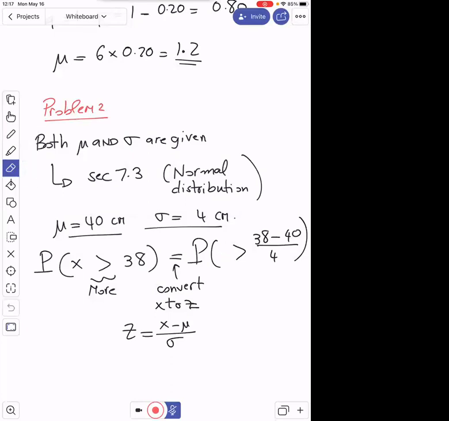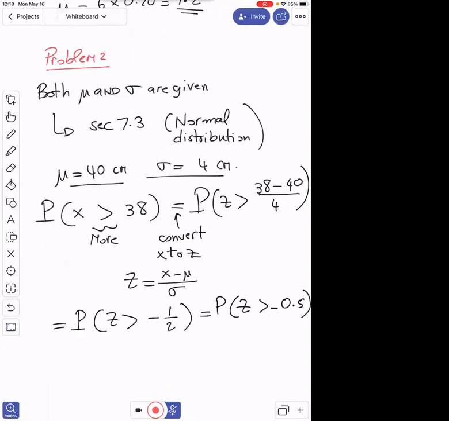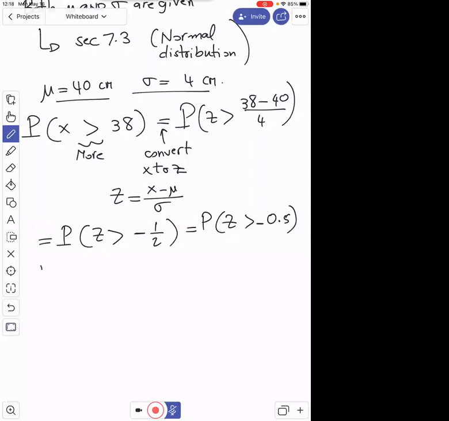So z more than 38 minus 40 over 4, which is -2 over 4. So the answer is -1 over 2, that's -0.5. All right, so the point is, when you convert this x to z, you can then use table number 3.